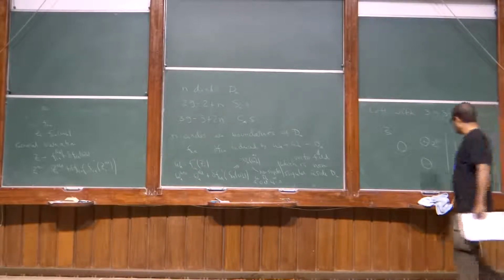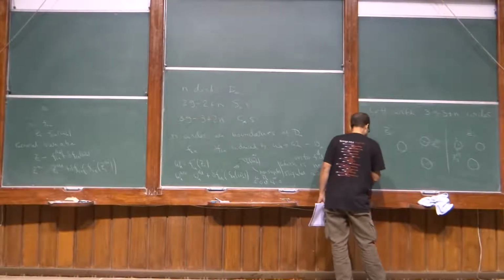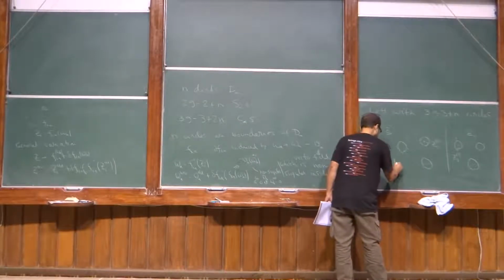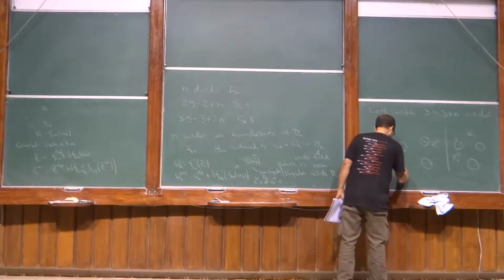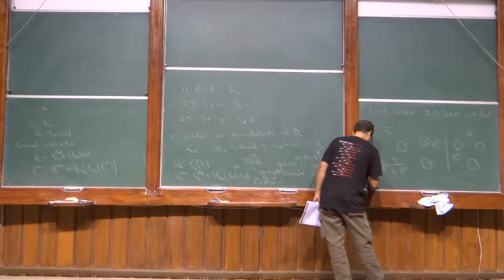Then the parameter we are going to introduce in this gluing is the following. We take zj minus zj1 equal to q over zi minus zi1 on the circle.